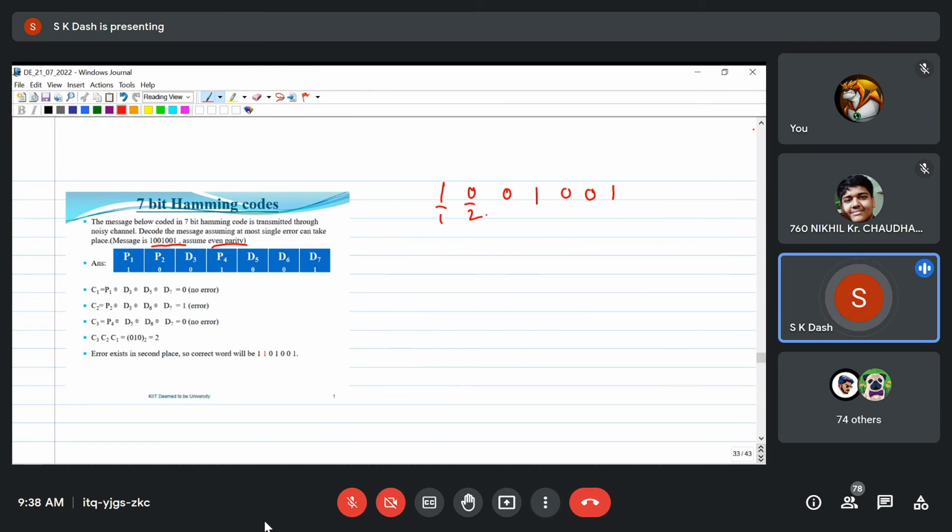This is 1, this is 2, this is 3, 4, 5, 6, 7. The system is using even parity. We need to find out if there is any error, and if there is, in which position. So what to do again? Same procedure. 1357. What is there in 1357?